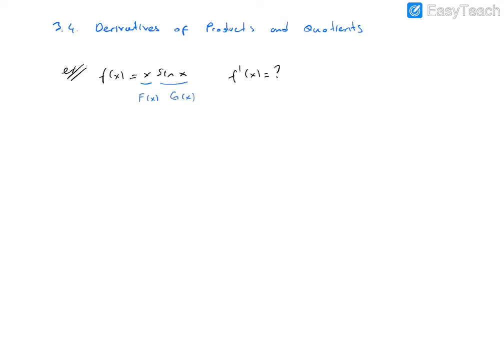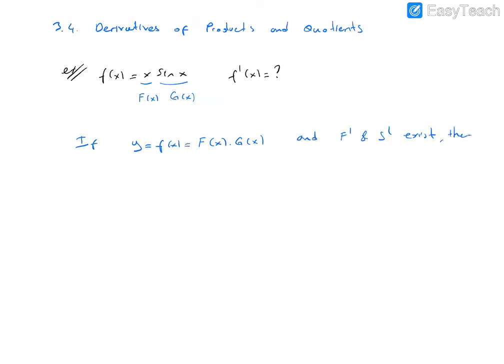If y is a product of the two functions, capital F of x and capital G of x, and we know that F prime and G prime exist, so the related limit exists.